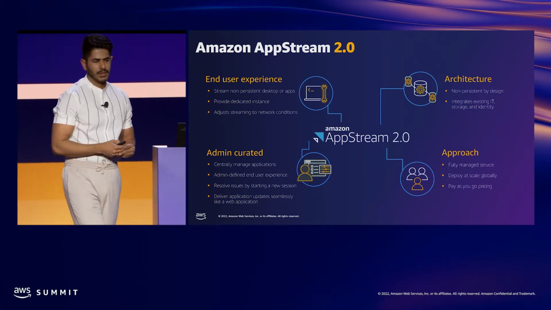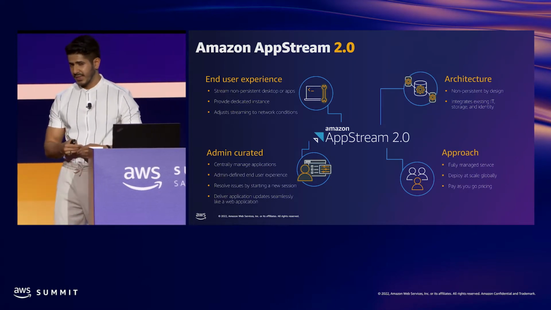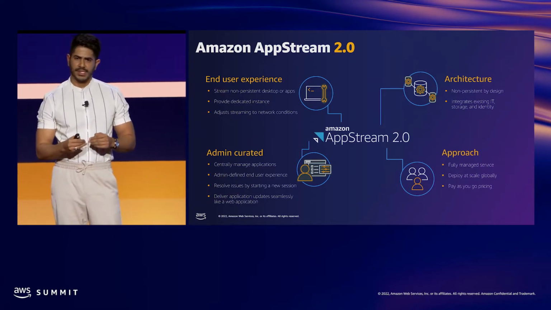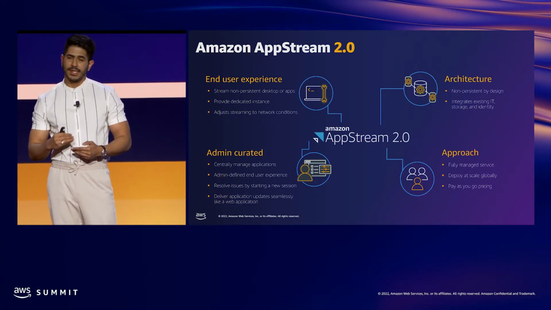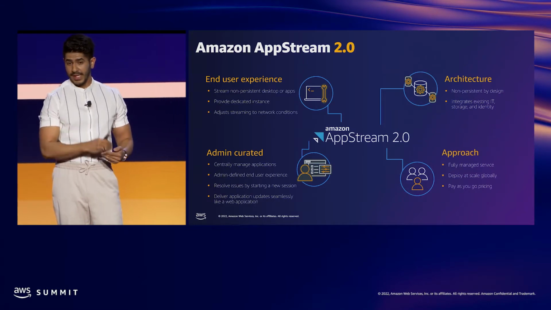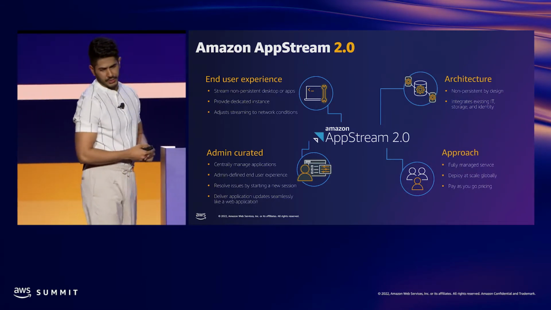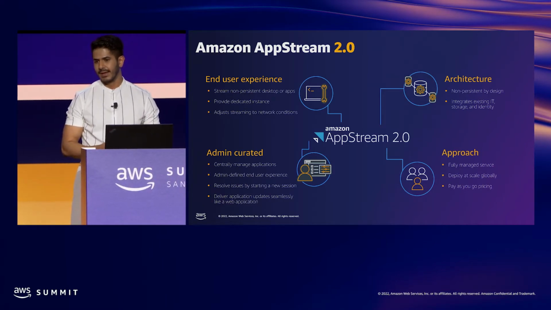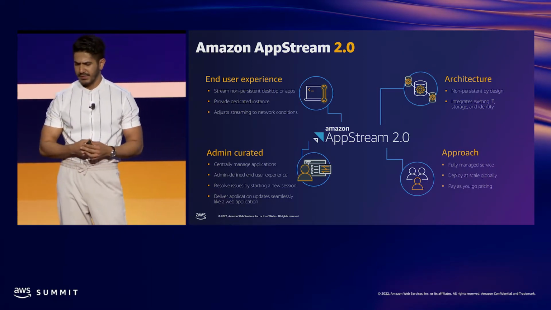What I mean by that is, before an end user even connects to their virtual desktop, administrators are able to fully test out their performance, how the application is performing, and how the desktop is going to look when an end user logs in. So that's what we mean by admin curated, and it integrates really well with your existing Active Directory infrastructure or other authentication options, which we're going to discuss in a few minutes.